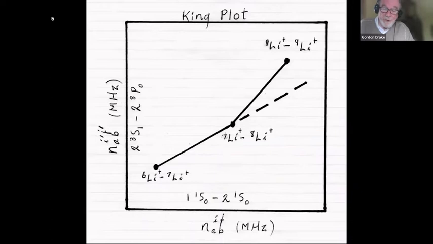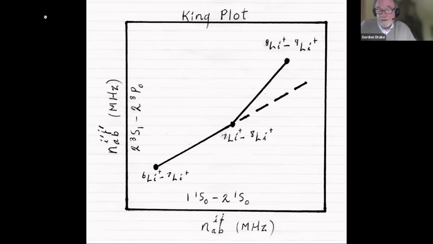You plot one transition on the vertical axis, another transition on the horizontal axis for a sequence of isotope shifts. So for example, the first dot is the lithium-6 to lithium-7 isotope shift, the next one 7 to 8, the next one 8 to 9, and so on. They should all lie on a straight line.